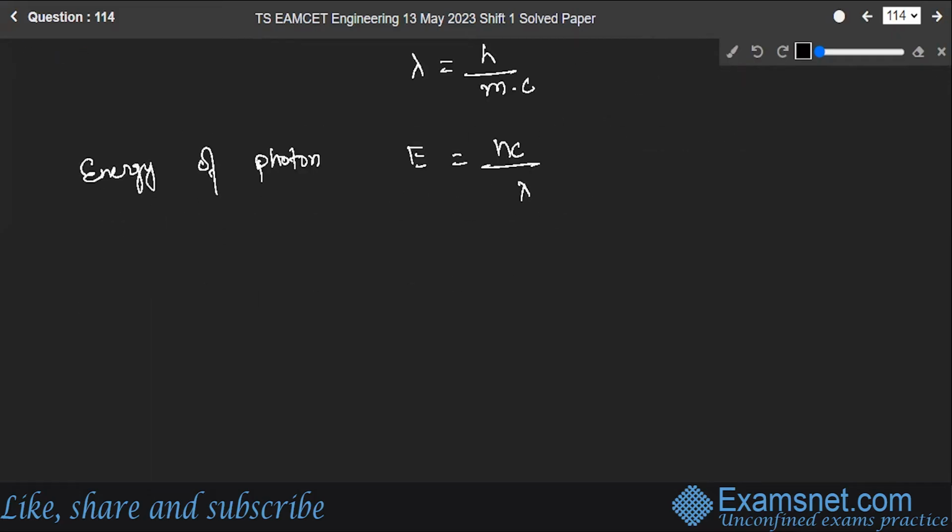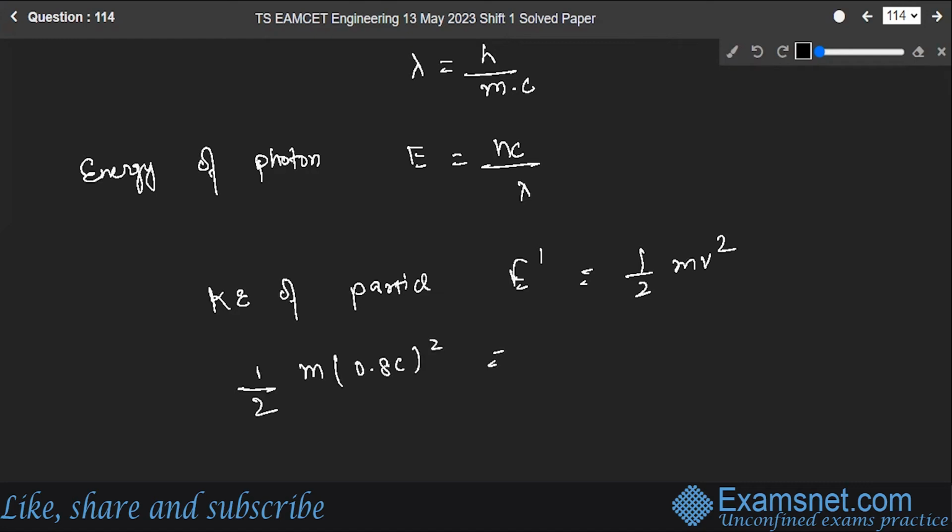So the kinetic energy of the particle, E dash, is equal to half m v square. Therefore, you have half m into (0.8 c) square, which is equal to 0.32 m c square.